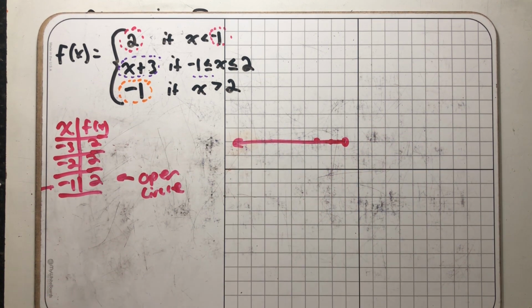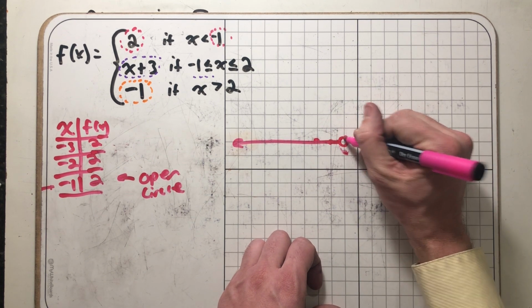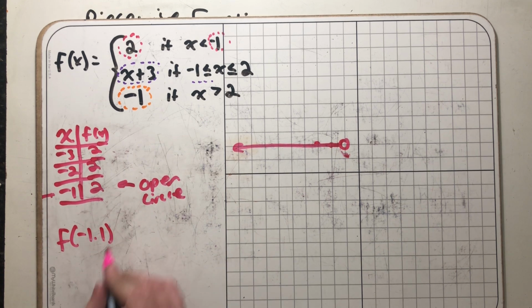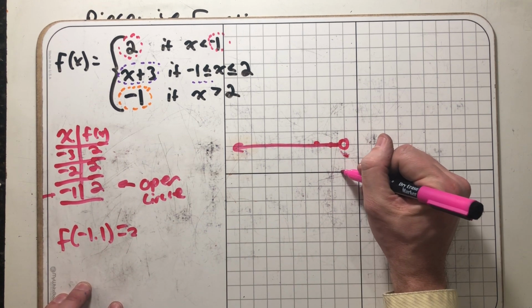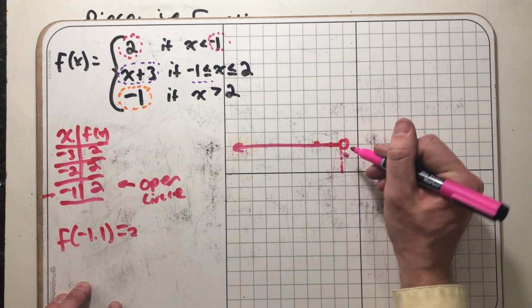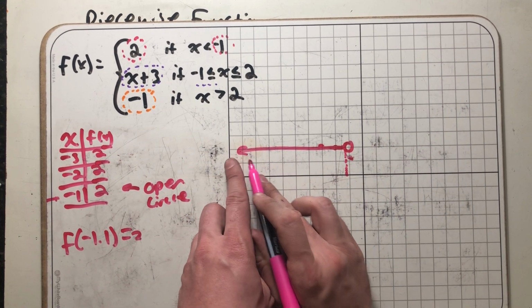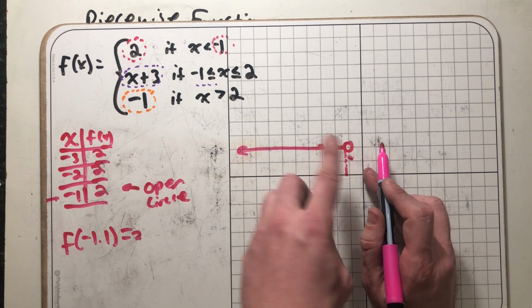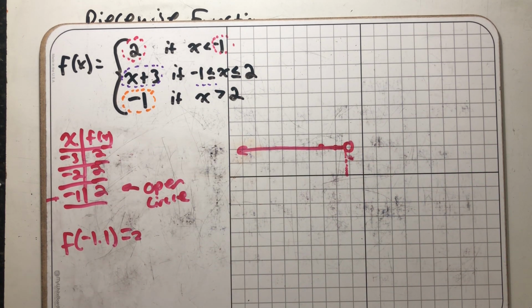The reason I need that open circle there is because if I thought about something like f of minus 1.1, I get out a 2. Something really close, I get out a 2. And this tells my reader that I get out that positive 2 until I get here at minus 1. The open circle's there because that's where the endpoint is, and that's where something changes.